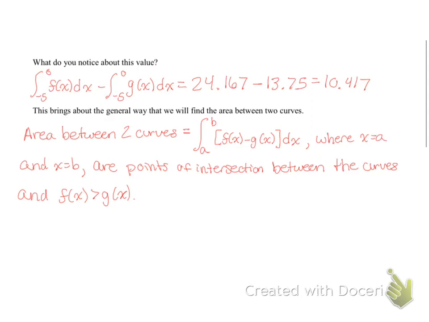That just means that f of x is the top function and g of x is the bottom function, okay? If g of x was the top function, then you would just flip it, okay? It is always top minus bottom.